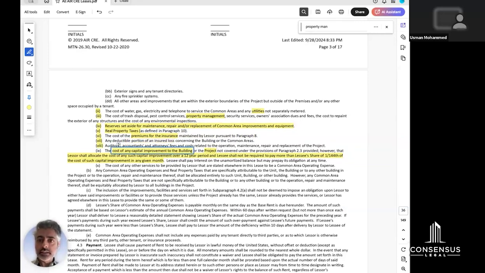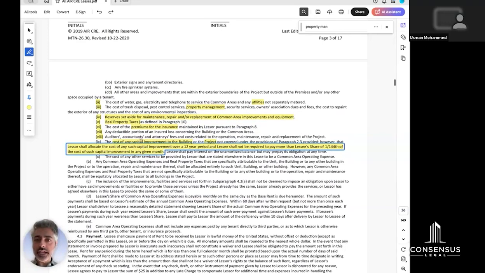Item 8, lessor can pass through professional fees, auditors, accountants, and attorneys' fees, those costs relating to the maintenance, repair, replacement of the project. So those items can be passed through. We talked about item 10, capital improvements can be passed through.